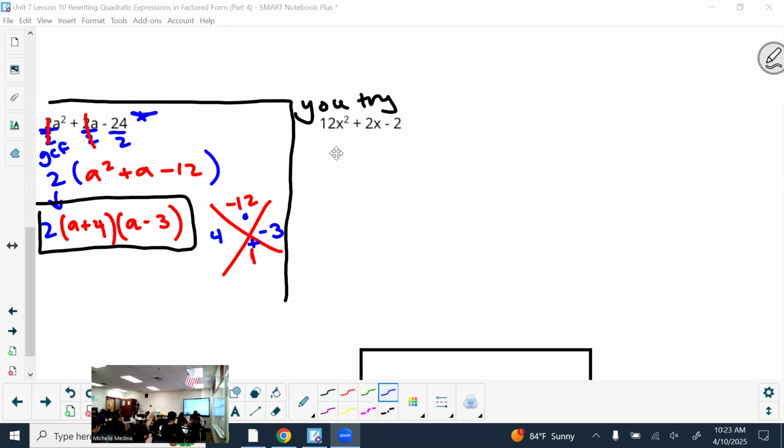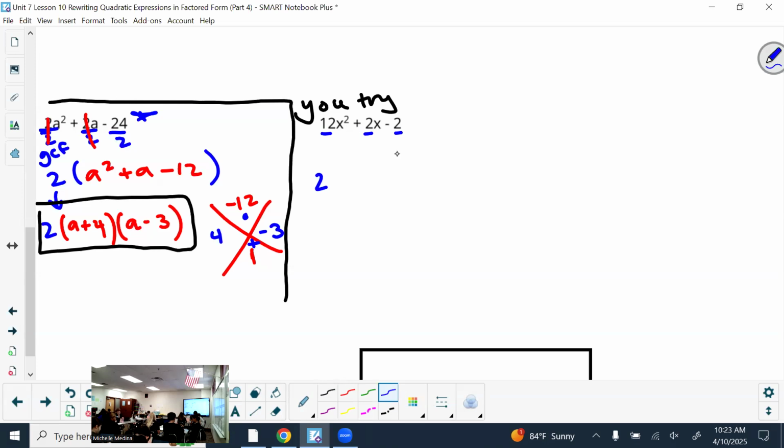So let's try it. Following the steps, look for and factor out a GCF. Is there a GCF between 12, 2, and 2? Class? Yeah, the smallest number is 2. It does divide evenly into the others, so I do have a GCF. Do they each have an X?